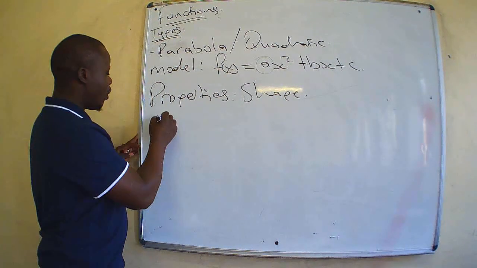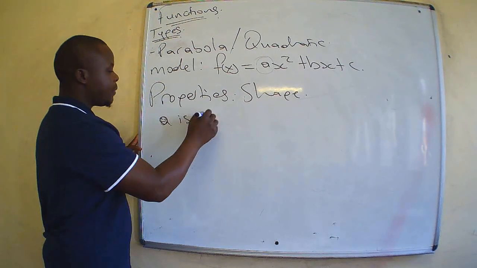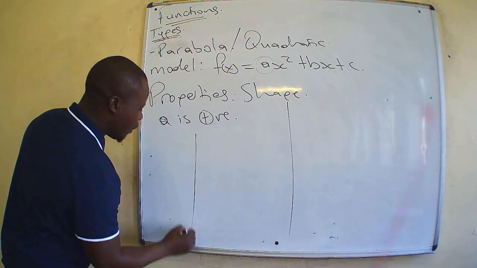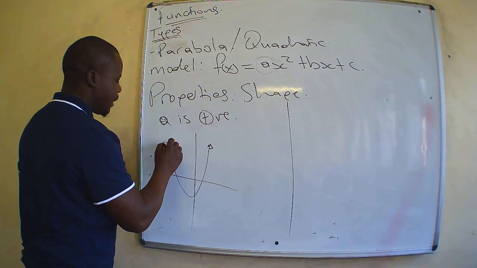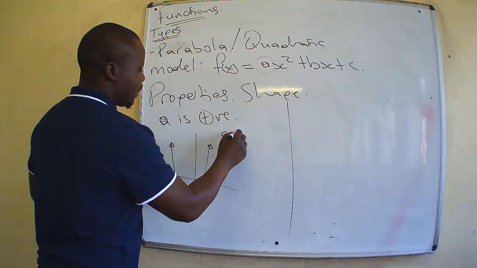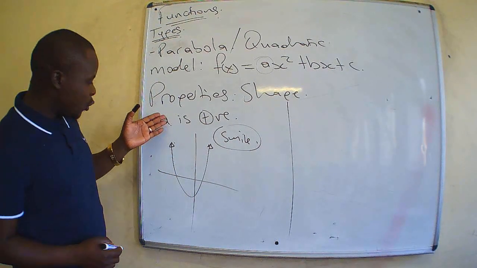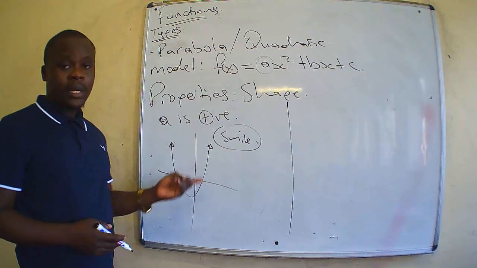Like I said, a in this case is very important. If a is positive, then we have a shape where we say the graph will be a smile. In another language, we can say the graph is a smile because a is positive. It will just have a shape that looks like this, whereby it's facing upwards.